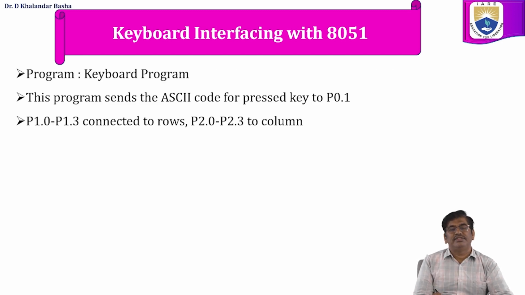So now here we will see the program for the keyboard. This program sends the ASCII for the key which is pressed through port 0, and port 1.0 to 1.3 are connected to the rows, and the columns are connected from P2.0 to P2.3, which is a 4x4 keypad.